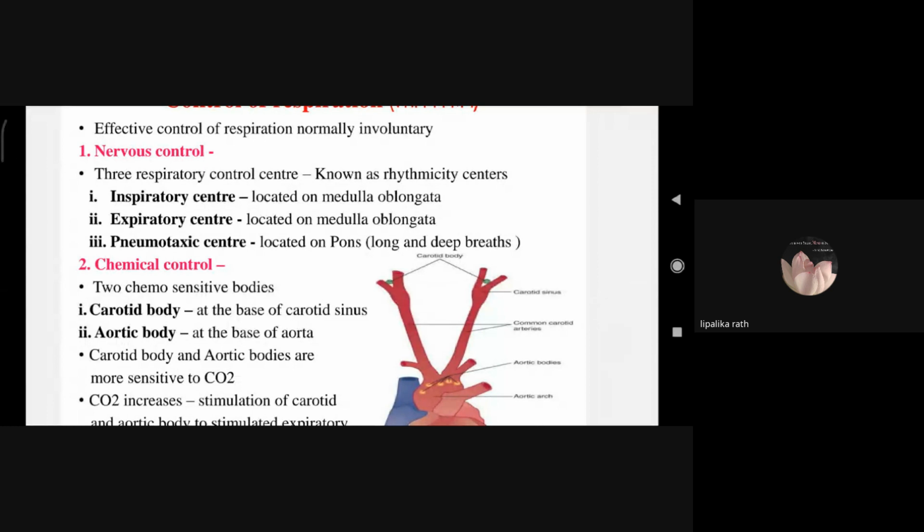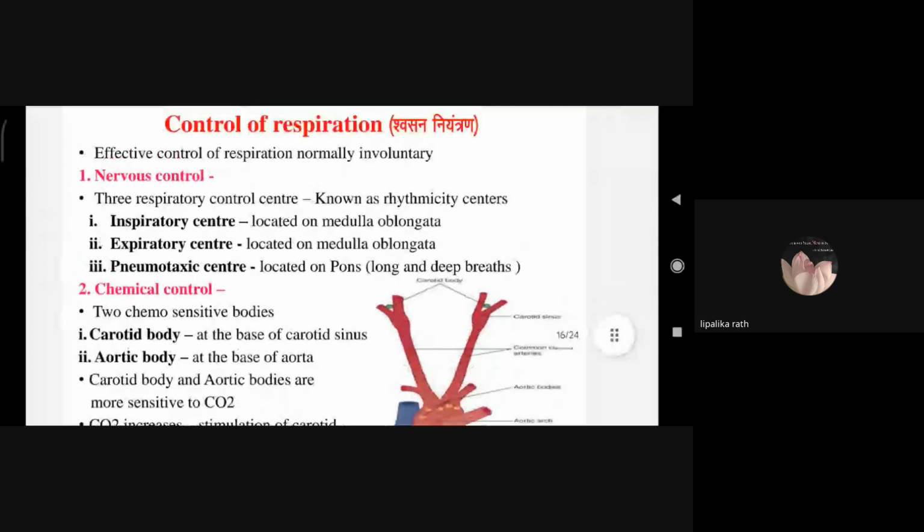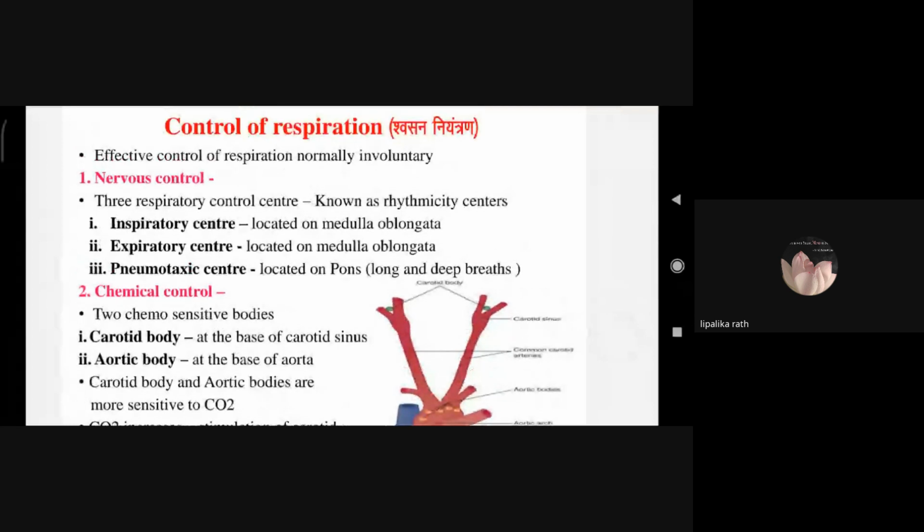Even those who came into the field of yoga only do pranayam. Otherwise, people don't do pranayam at all. Their function is involuntary only, but there is an option for voluntary monitoring.